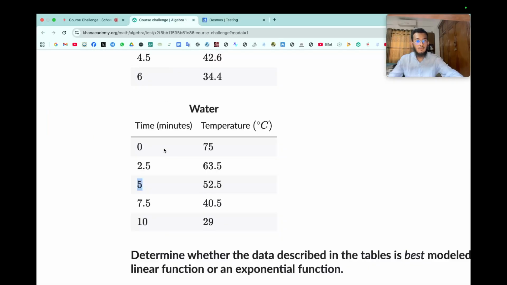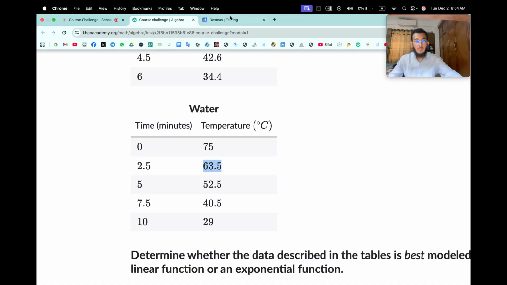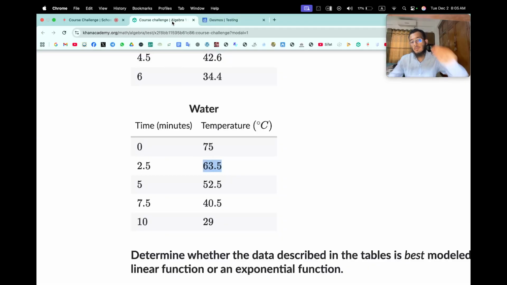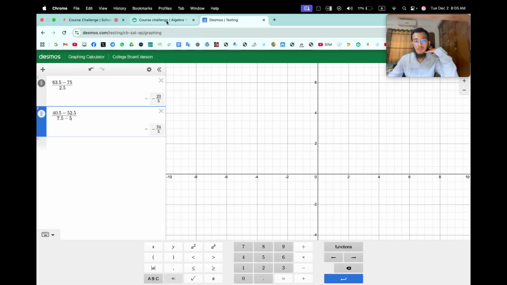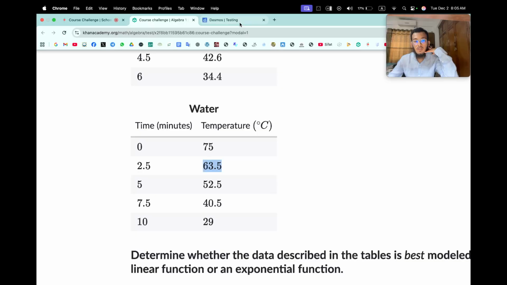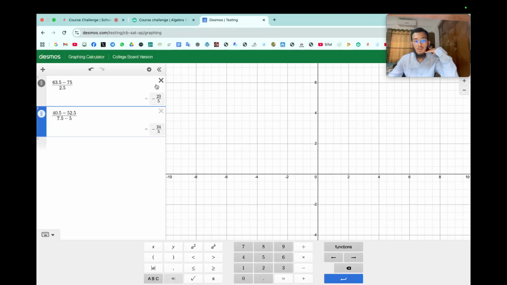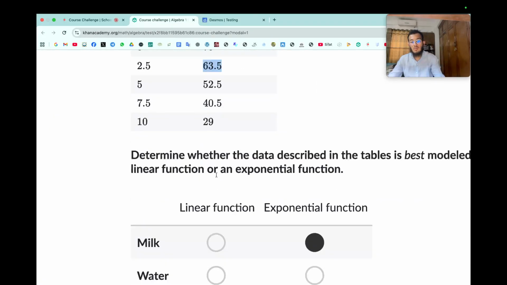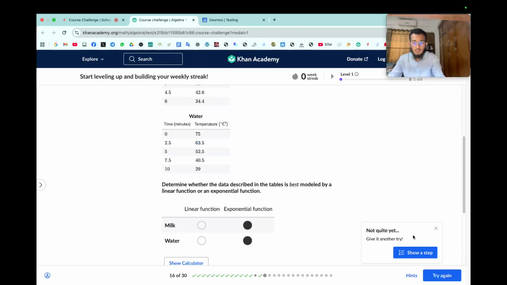Okay, 63.5 minus 75, 2.5 minus 0, 40.5 minus 52.5, 7.5 minus 5. Again, it's not the same. There is a difference. It is negative 4.6, negative 4.8. So yeah, both of them should be exponential.